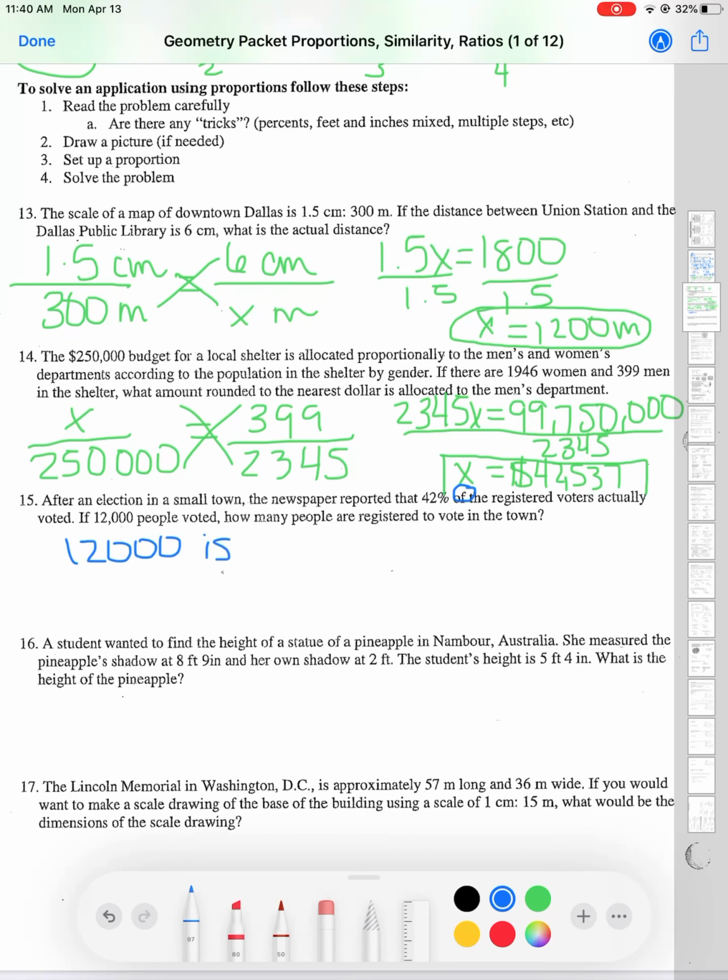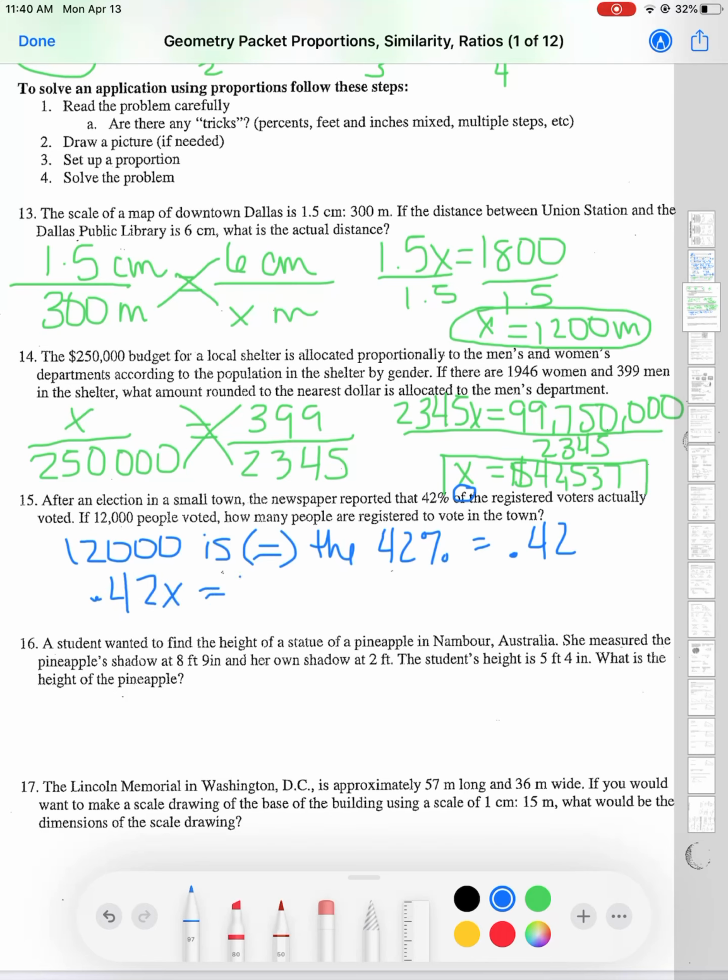12,000 is, which means equals, the 42%. Because 12,000 people voted, and 42% voted. Remember, when we're working with percents, we have to change percents to decimals.